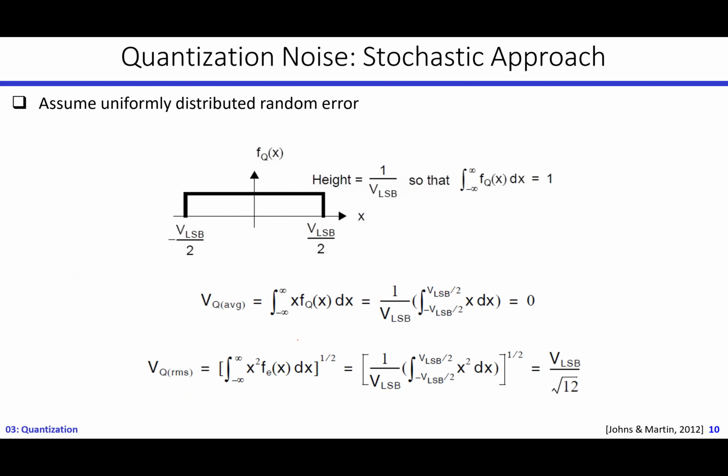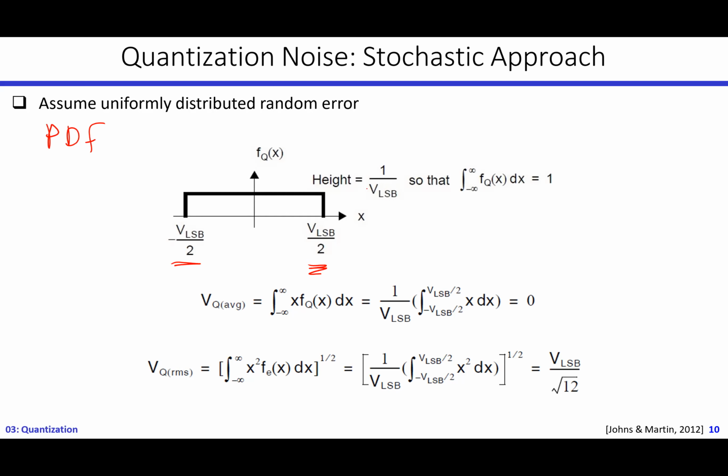Now, if I do it from a stochastic point of view, and again I assume my quantization error is uniformly distributed, the probability density function, PDF, is uniformly distributed from minus half LSB to half LSB.